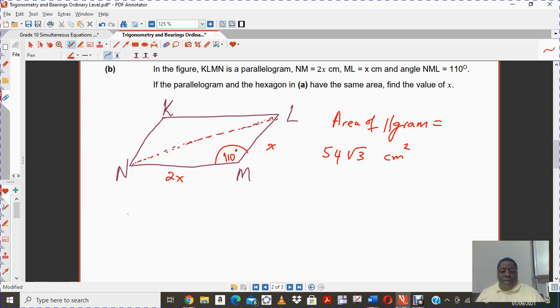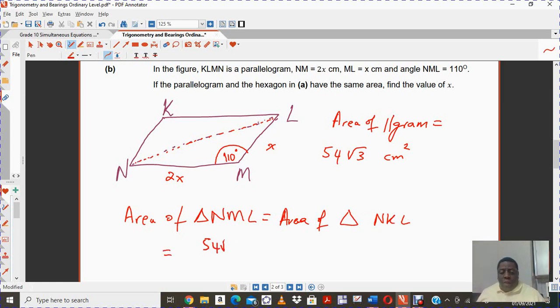So the area of triangle NML equals the area of triangle NKL, which is the area of the whole thing divided by 2.